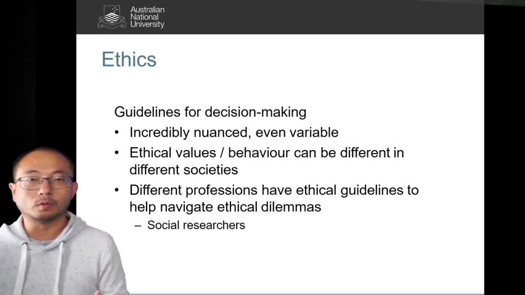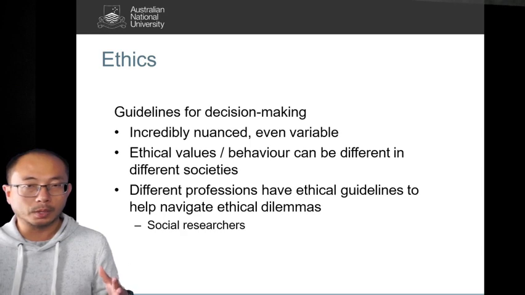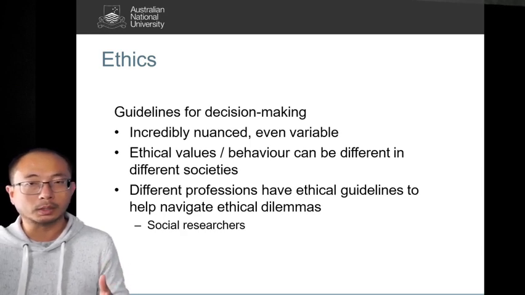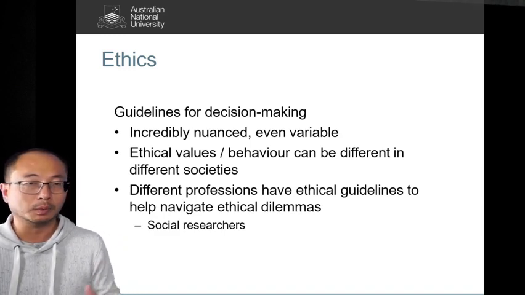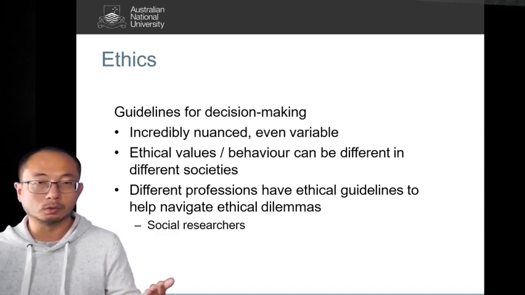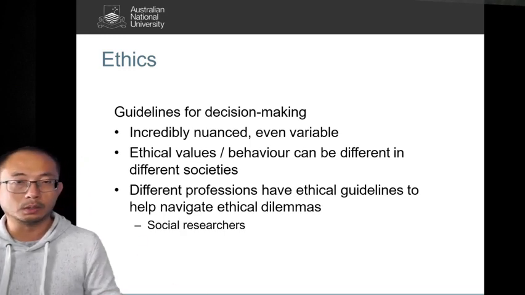Different types of behavior can be viewed as ethical or not in different societies, and different professions will therefore have different guidelines to help researchers navigate ethical dilemmas. The guidelines for social researchers can be very different from ecological researchers or from medical researchers, for example.